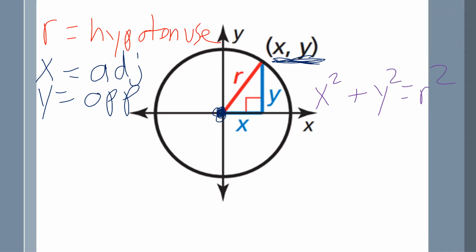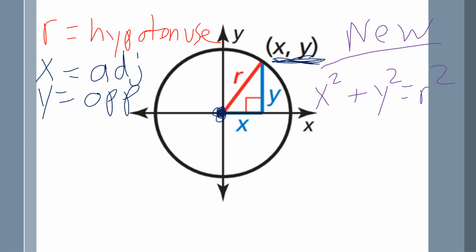This is the new Pythagorean theorem that you are knowing now. This is the new one. So no more a squared plus b squared equals c squared. Well, there will be some of that, but when you are dealing with circles, you know this is x squared plus y squared equals r squared.